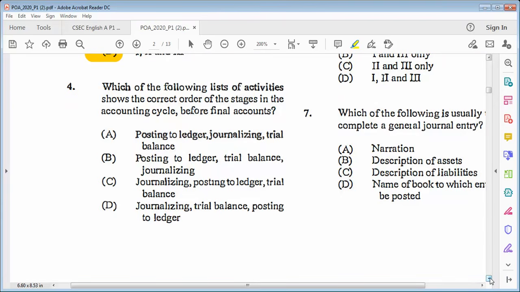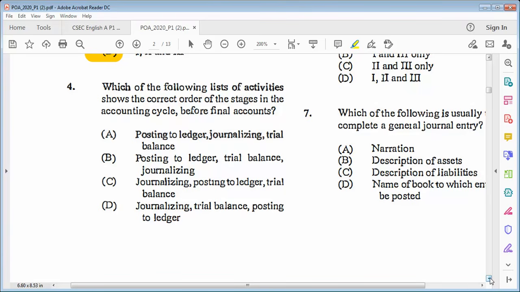Let's move on to number 4. It says, which of the following list of activities shows the correct order of the stages in the accounting cycle before final accounts? A. Posting to ledger, journalizing, then trial balance. B. First posting to ledger, then trial balance, then journalizing.